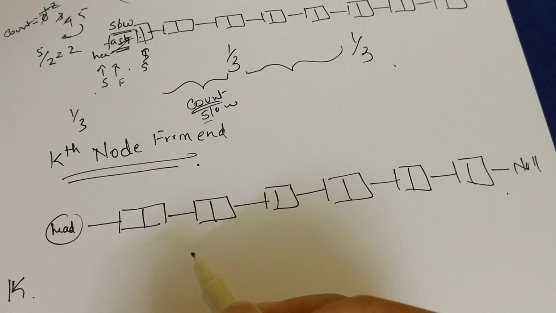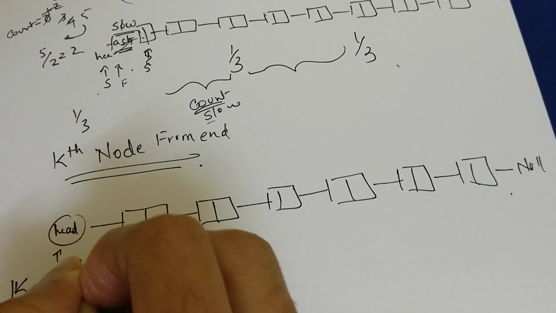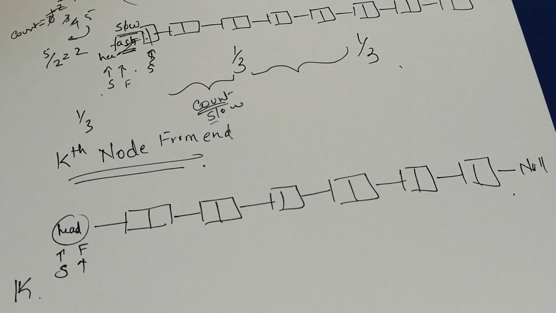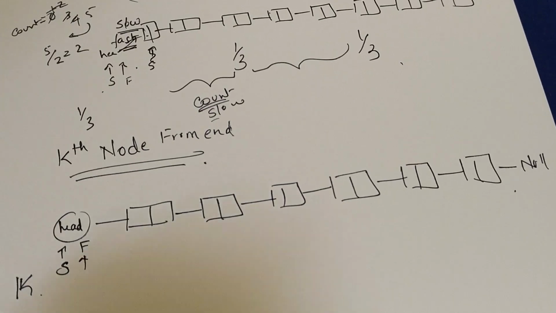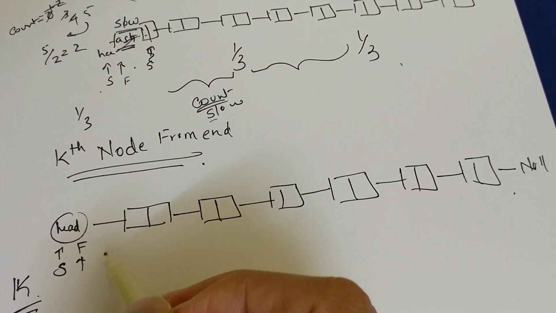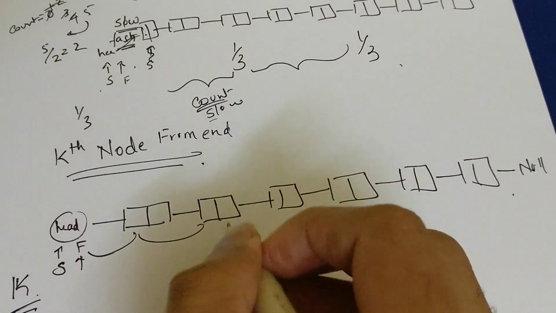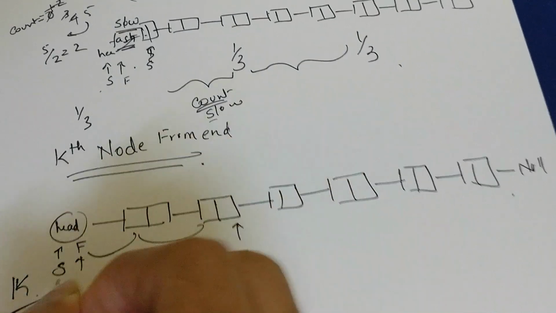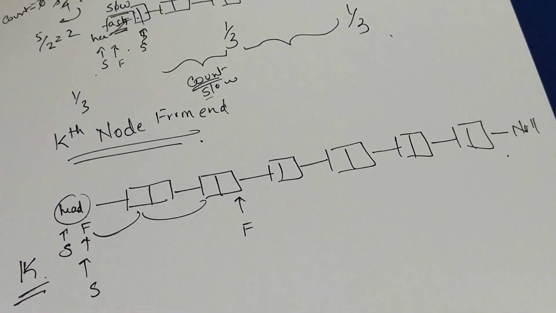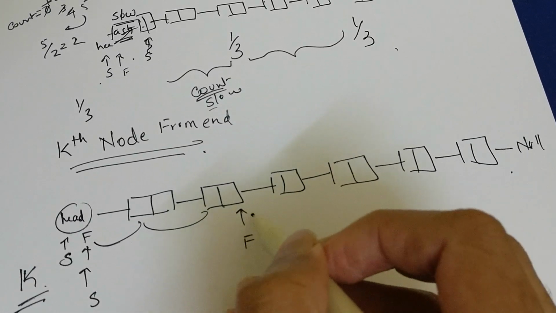I will have a slow pointer and a fast pointer, two pointers. I will move the fast pointer k steps ahead. Let's consider k is 2. So 1, 2. Here I will have the fast pointer, and here will be my slow pointer. Now I'll go on moving one step at a time.